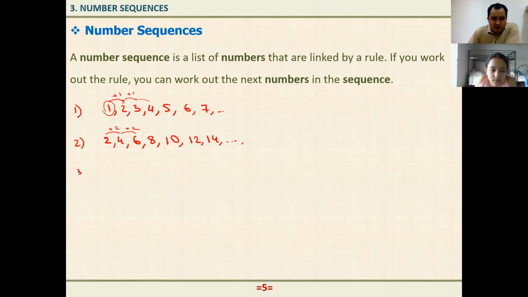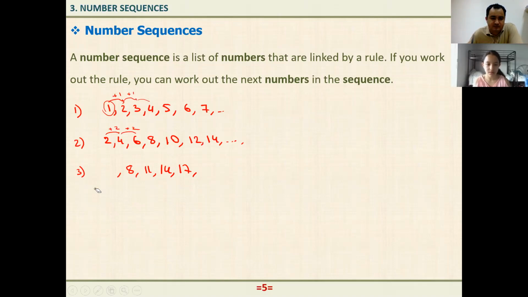All right. And how about this number? For example, let's say 3, 8, 11, 14, 17. What is the next number? Oh, sorry, I made a mistake.